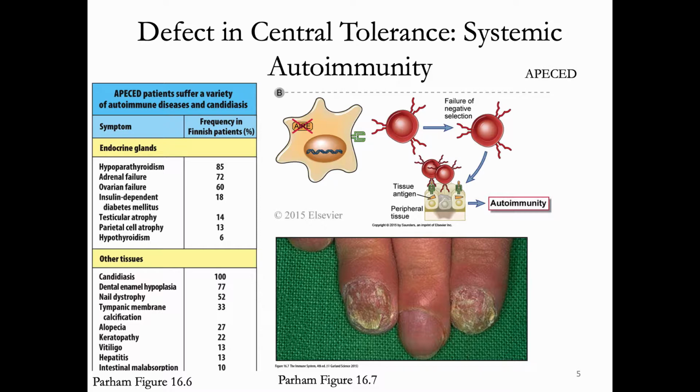We don't have that. So this is classified as autoimmunity because the immune system is attacking the thyroid. The immune system is attacking the adrenal. The immune system should not be attacking those normally, but you have excess immune response. An immunodeficiency might be a patient who is missing T cells.